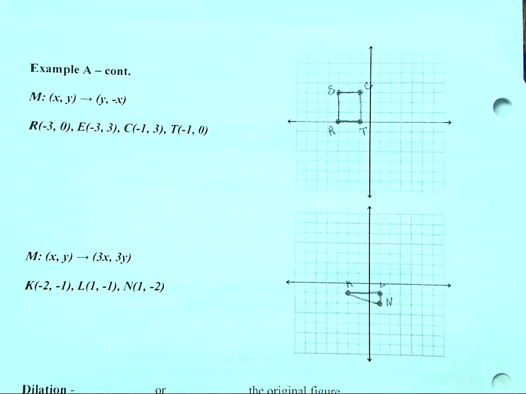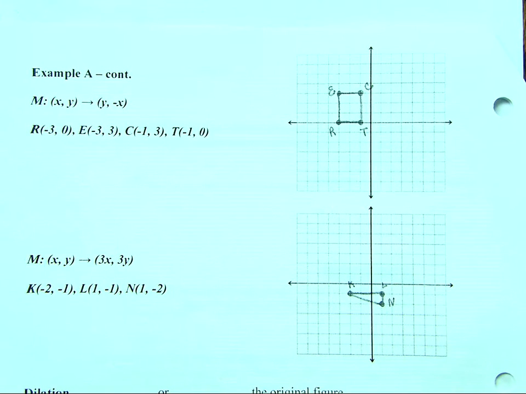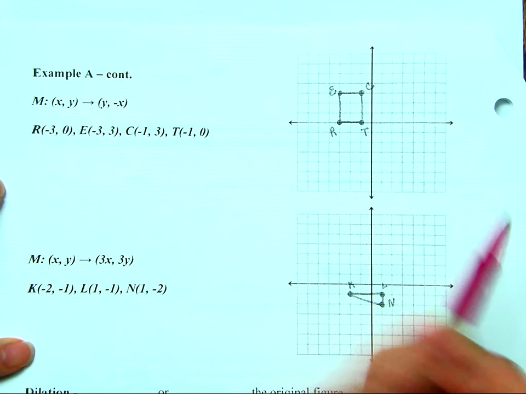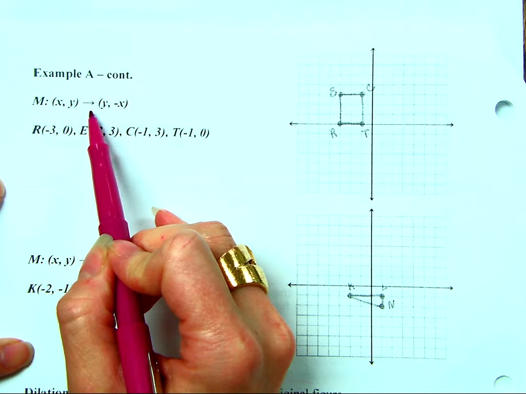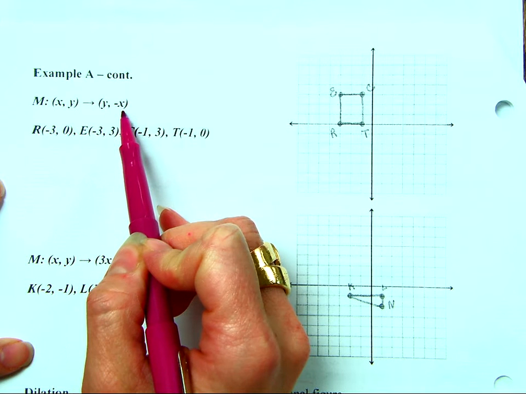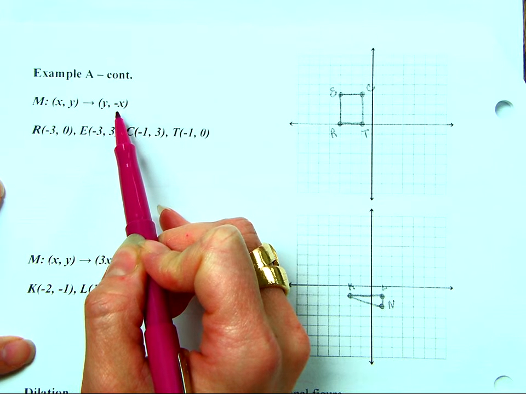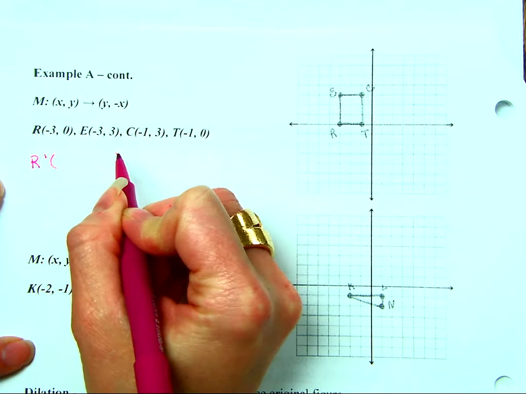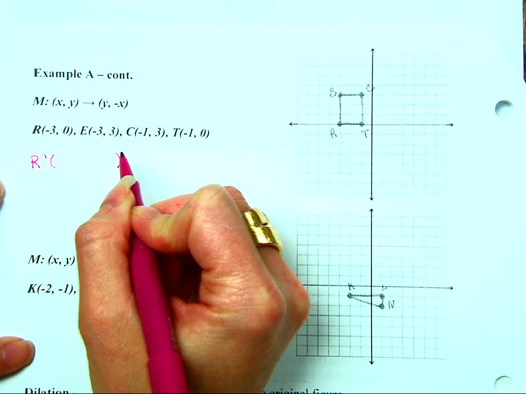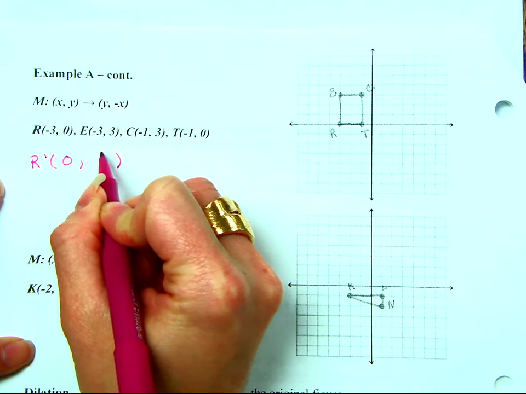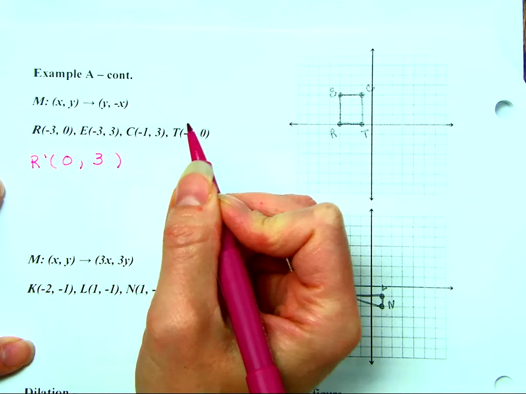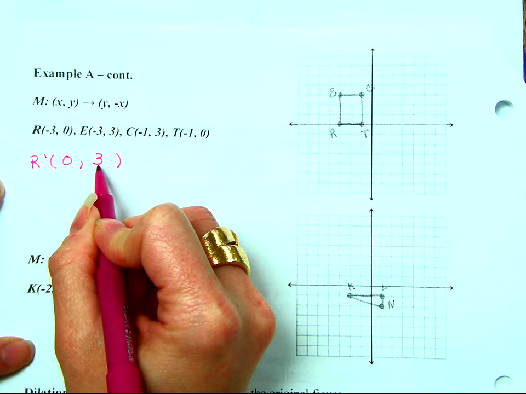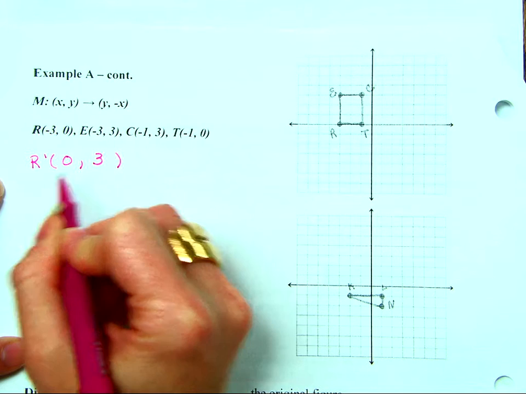Taking a look at the third transformation, my rule at the top tells me I'm going to take my rectangle, R, E, C, T, and map it to the point y, negative x. So they are switching the coordinates and they are making the x the opposite value. So my R prime, if I go ahead and switch them, I would have 0 and I would have a positive 3 because that coordinate changes value.